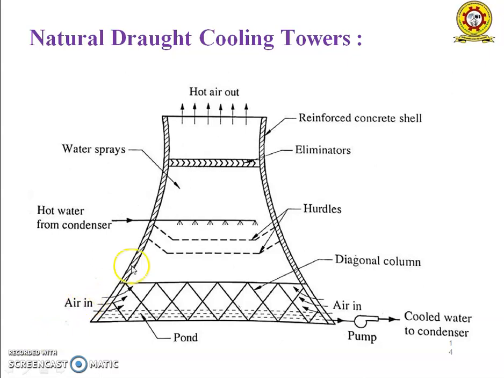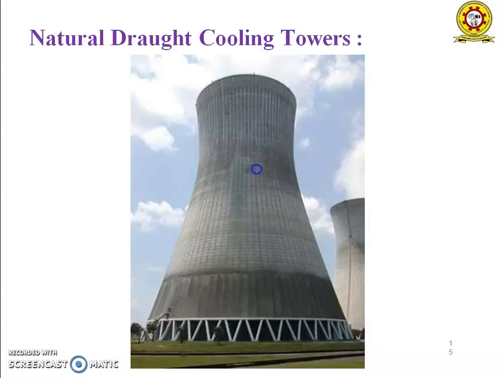Atmospheric air enters the cooling tower through the air inlet, and there is an exchange of heat between the water and the air, and the water temperature gets reduced. The cooled water is sent into the condenser by using the pipe, and the eliminators or filters remove some of the dust particles, and the hot air is let out of the cooling tower. This is the natural draught cooling tower.